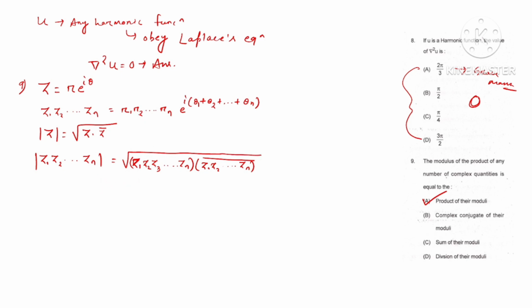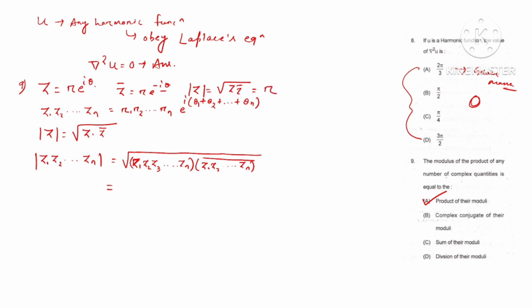So now if we take this complex conjugate, z bar will be r e to the power minus i theta, right? So if we open it, and find the mod of z, it is equal to r.